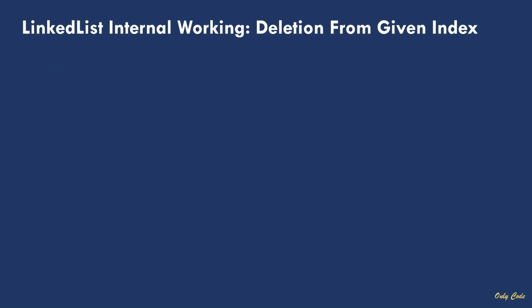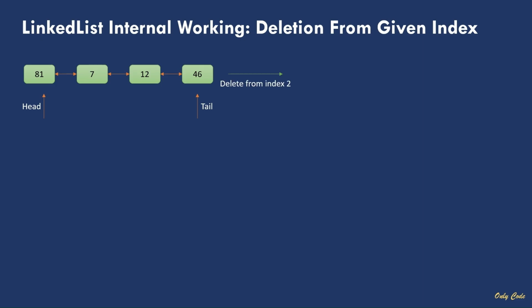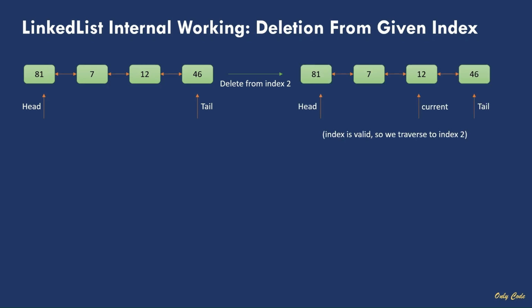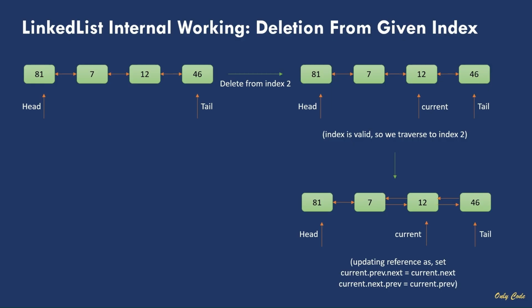Let's understand this process with an example. Consider a linked list containing 4 elements: 81, 7, 12, and 46. We need to delete the element at index 2. Since the index is valid, we traverse the list to reach the node at index 2, which we'll refer to as current. To remove it, we update the surrounding references. current.previous.next is set to current.next, and current.next.previous is set to current.previous.